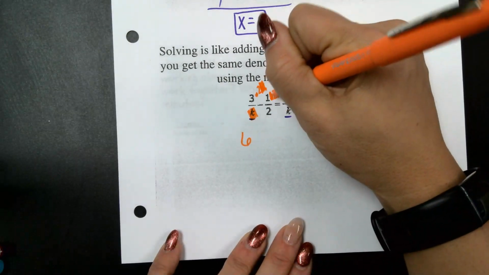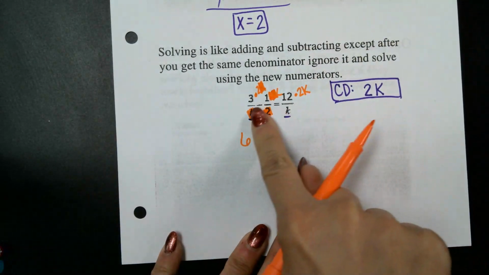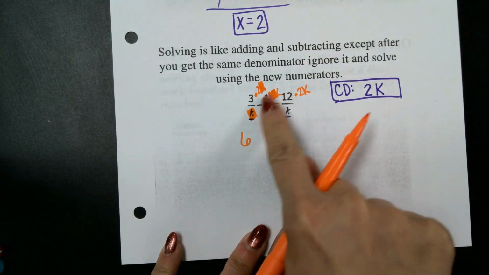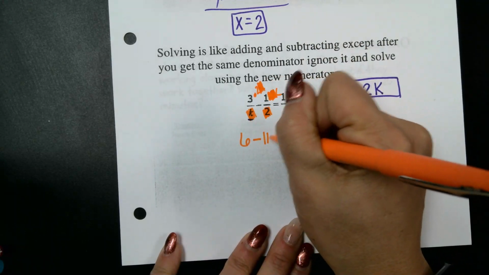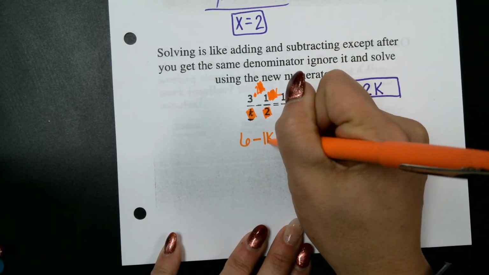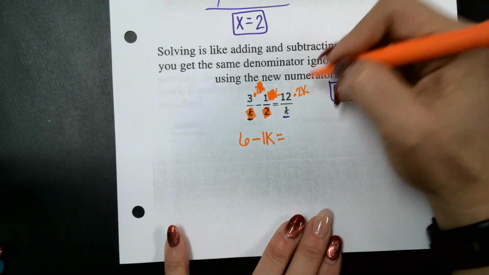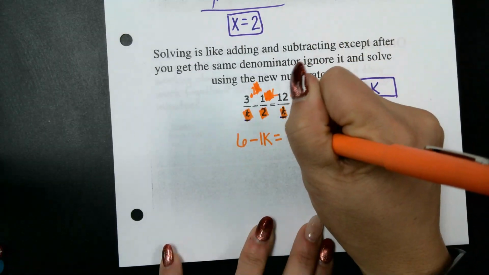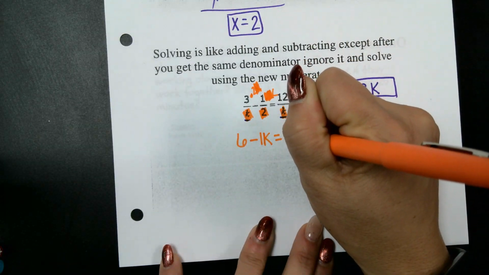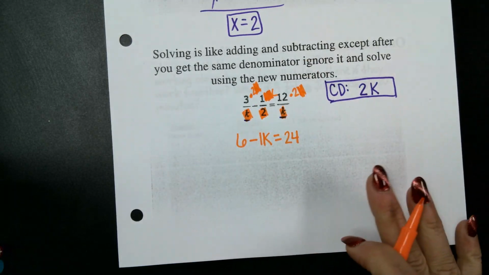The 2 cancels this 2. So then aren't we just left with a 1k up top? And there's a minus sign in front of it, so make sure it's minus 1k equals, and then over here what cancels top and bottom? The k. So 12 times 2? 24. 12 times 2 is 24.